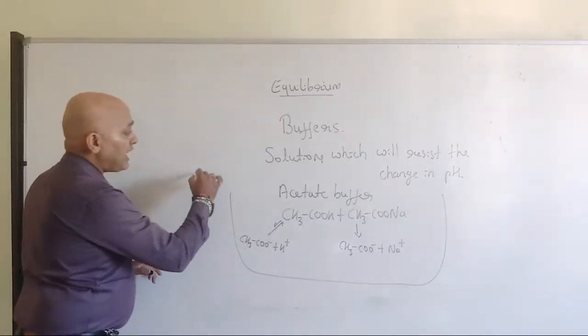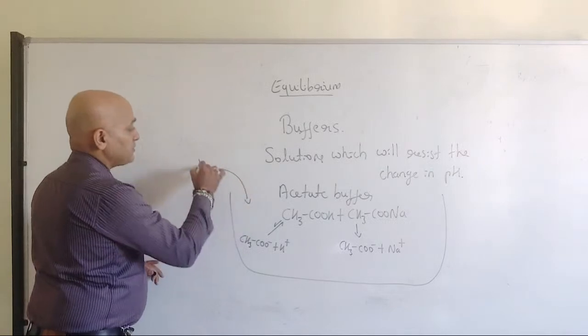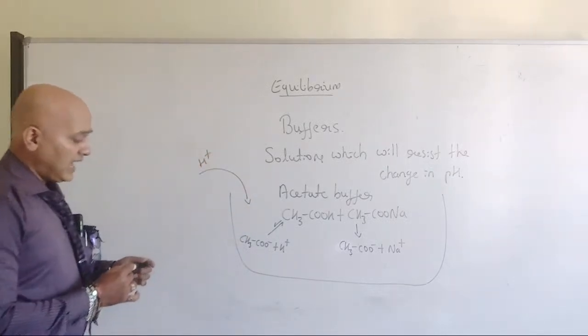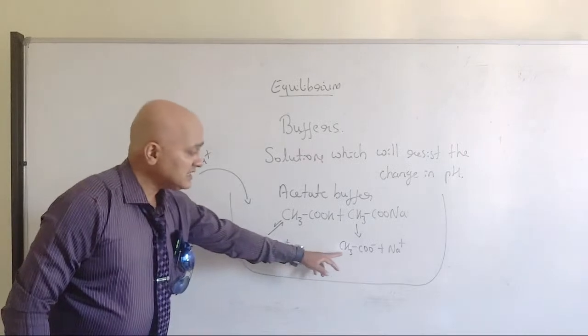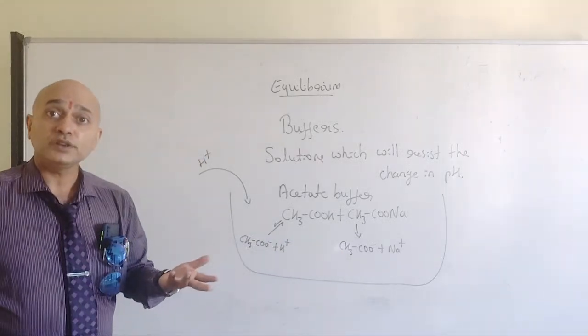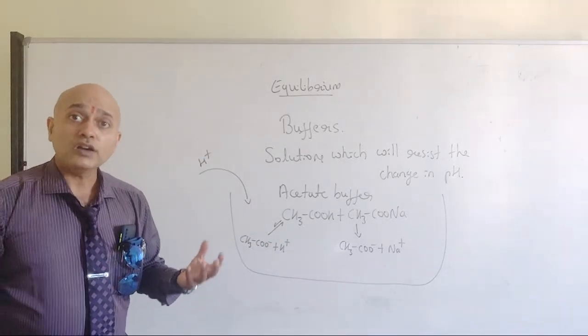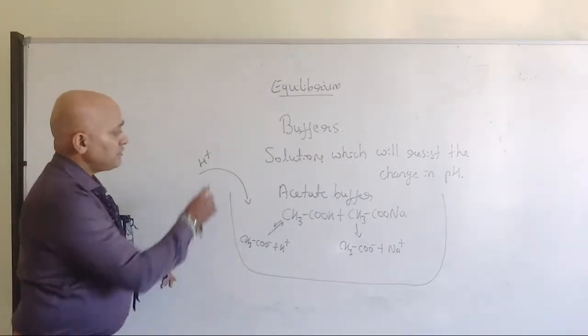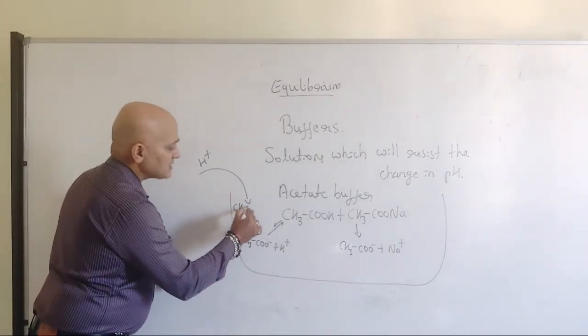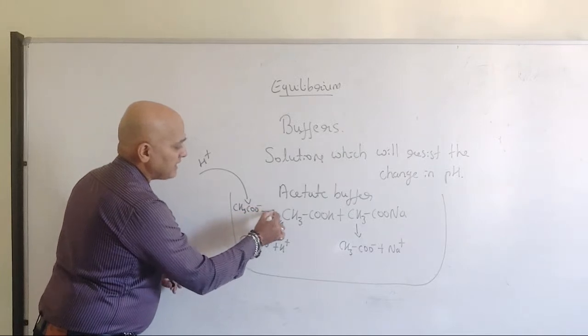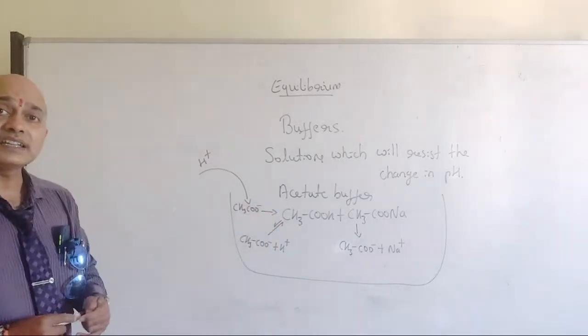Now when I am going to add H plus from the outside, what will happen? Whatever acetate ions are there, all of us know acetate is a strong conjugate base. So the H plus will be taken up by the acetate ion and it will get converted into acetic acid.